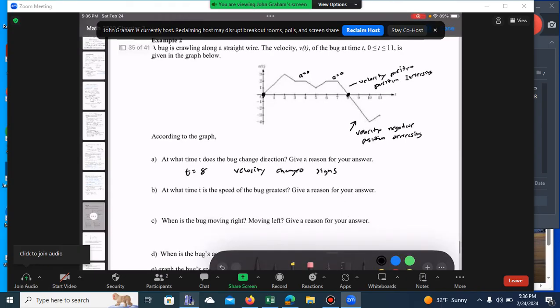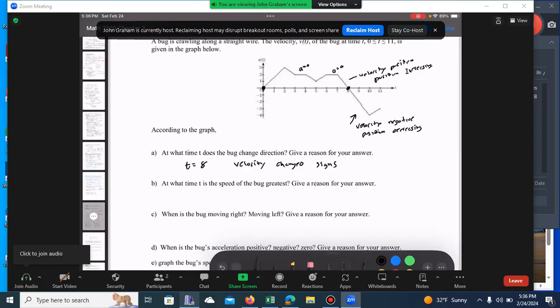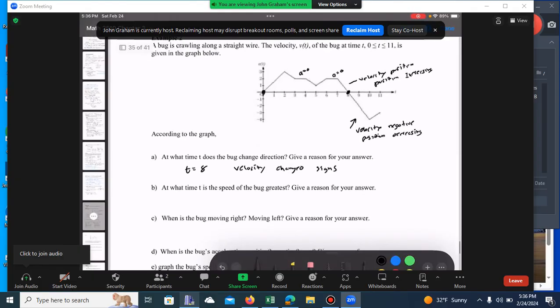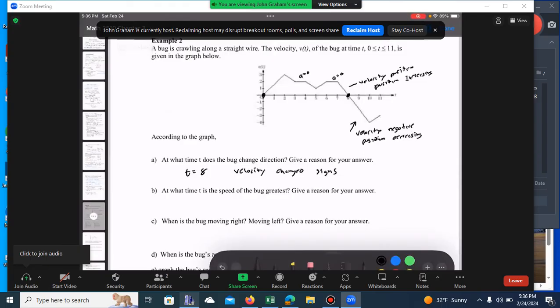At what time t is the speed of the bug greatest? So greatest speed is only the point that has the highest value. So on the top, we have 2 seconds. It's at velocity 3.